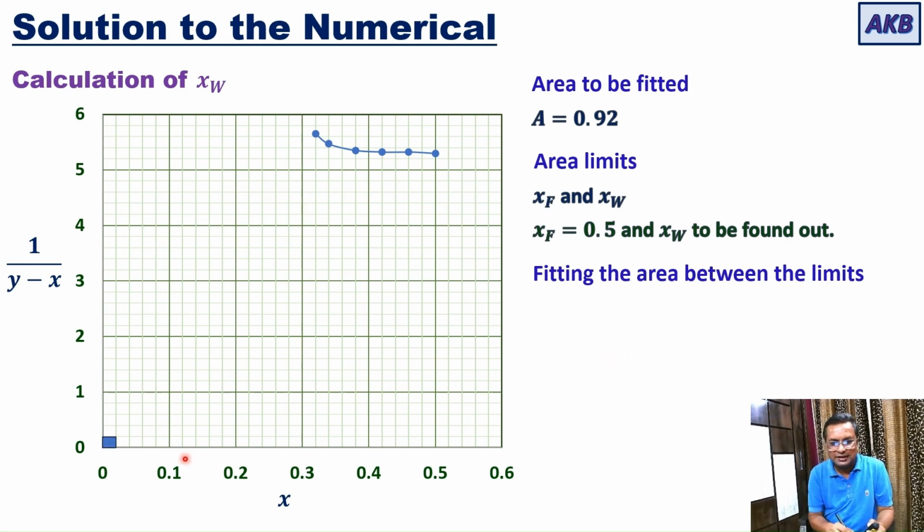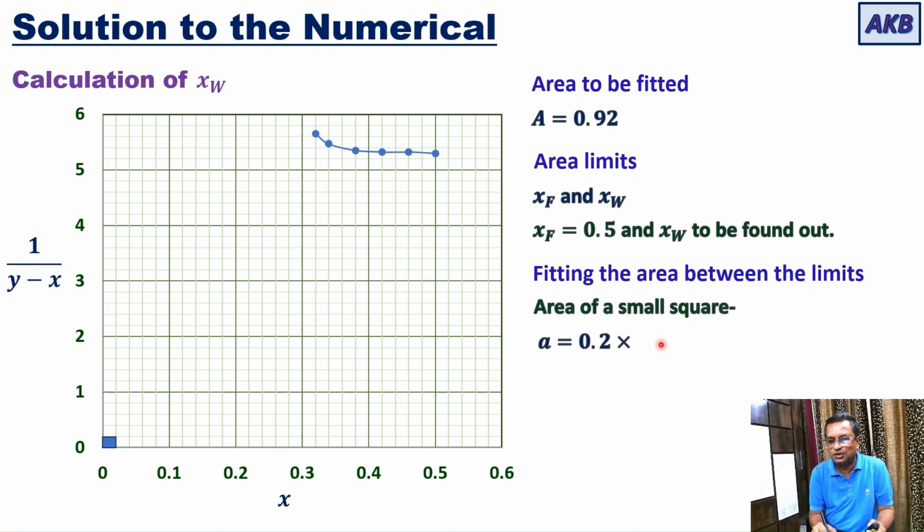So for that, I am considering a small square on the graph, the smallest square, and I am going to calculate its area. So on x-axis, the length is 0.02.